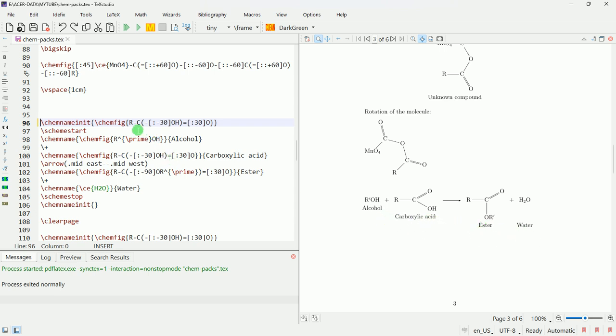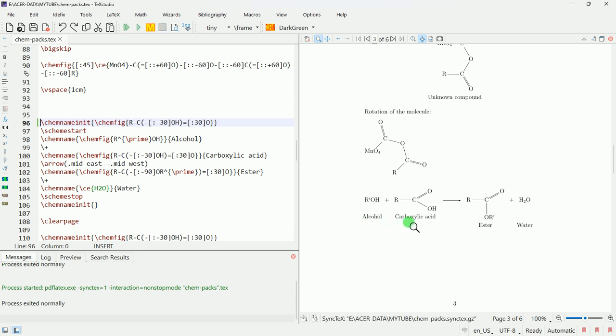So if I use this carboxylic acid here, then only these two will come to the same level, but these two will not. Let me compile it. So you see the first two are at the same level, but these two are at a deeper level. So they are not at the same level.